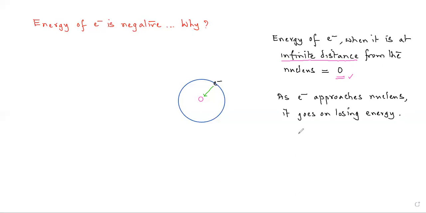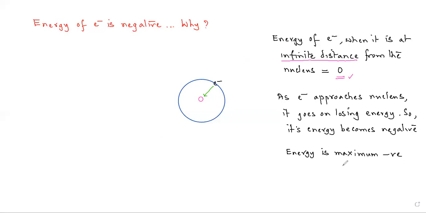So its energy becomes negative. Now, energy is maximum negative in the first orbit. That is the least it can come down, right?